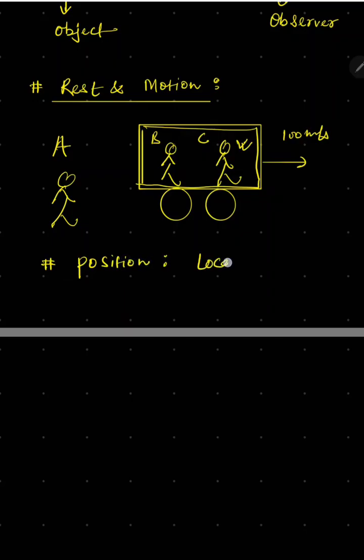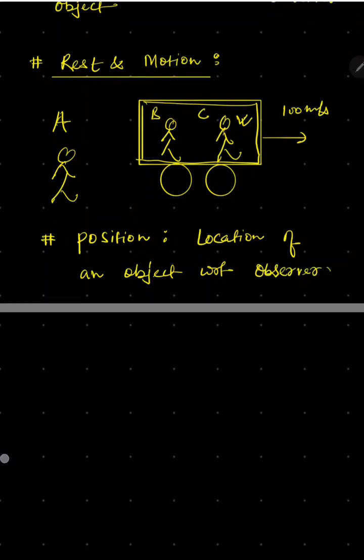Position simply means the location of an object with respect to the observer. Whatever the position of the object, it is defined by the observer, and the place where the observer is fixed is called the frame of reference.